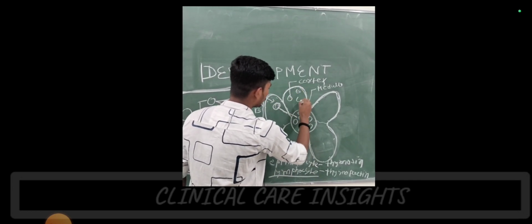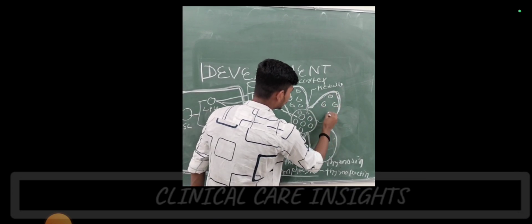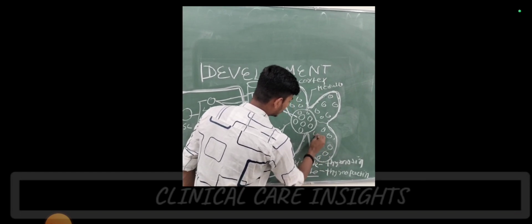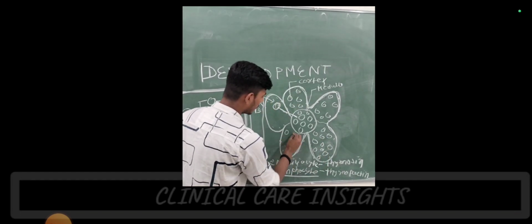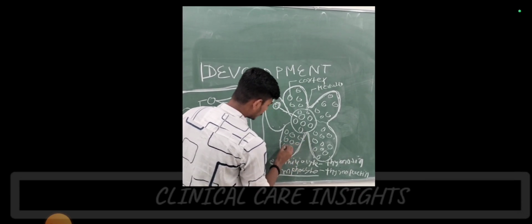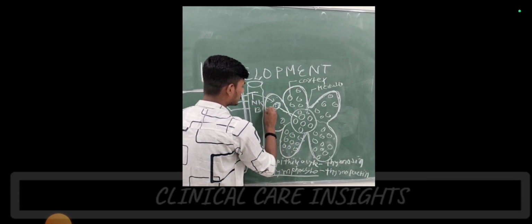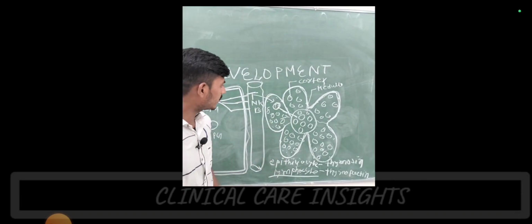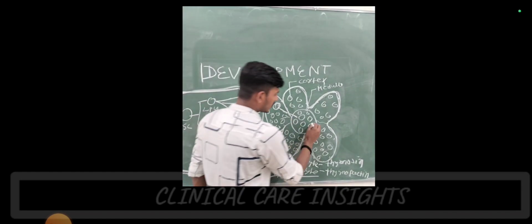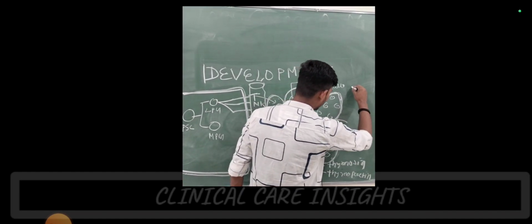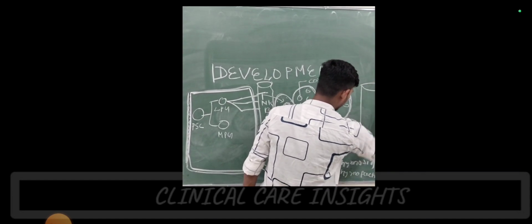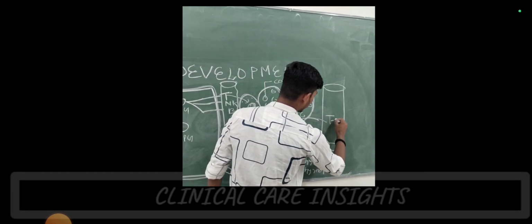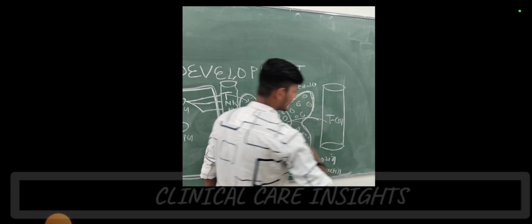Okay, and here are so many immature T lymphocytes, which are under the effect of thymosin and thymopoietin. They are maturing themselves. Clear? Okay, so after the maturation, they again go back to the circulation. It's a mature T lymphocyte, or we can say the T cell.